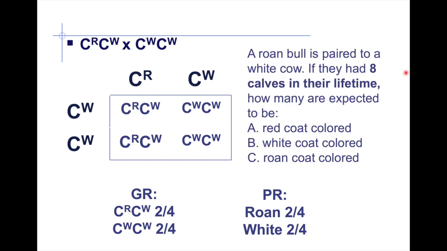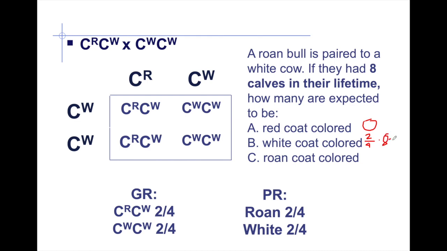Now let's go back to the question. If they had 8 calves in their lifetime, how many are expected to be red coat? Are there any red in the Punnett square? No, so therefore 0. How many are expected to be white coat colored? So if it's white coat color, we have 2/4, times 8.